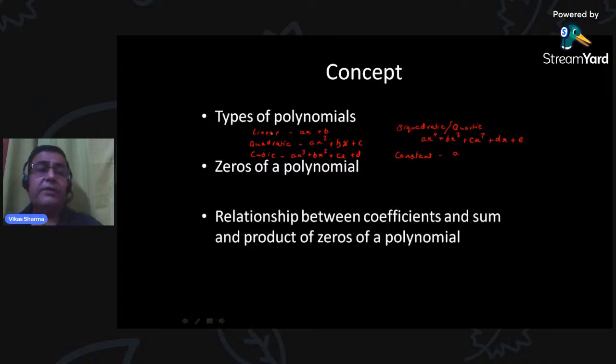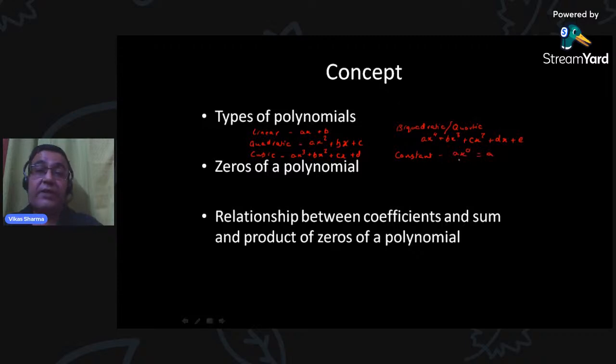Now this also brings us to the degree of polynomials. Polynomials are basically identified by the degree they have. In a constant polynomial, there is no x term in it, or even if the x term is there, it is actually hidden. It is actually of the form ax to the power 0, and x to the power 0 we know is 1, so that is why we write it only as a.